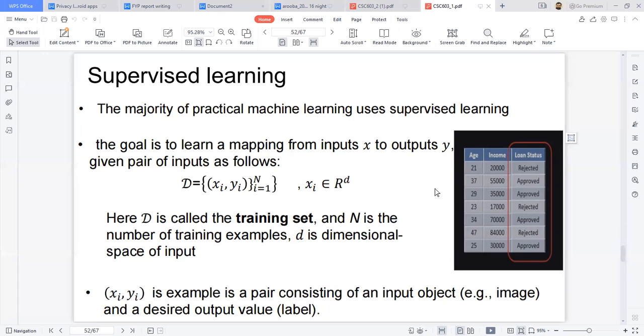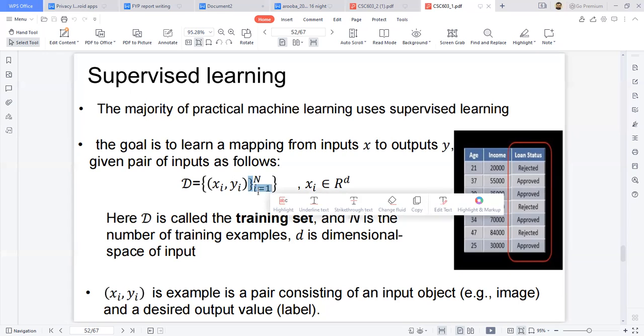If i is 2, then 37, 55,000 and approved. Did you understand? How about i equal to 5? Which one is it talking about? It is 34, 70,000, and approved. Great.